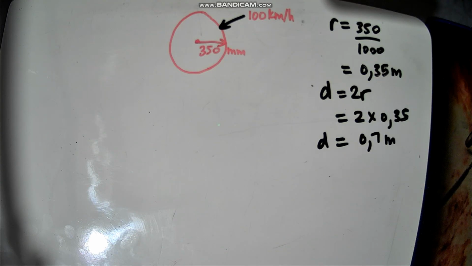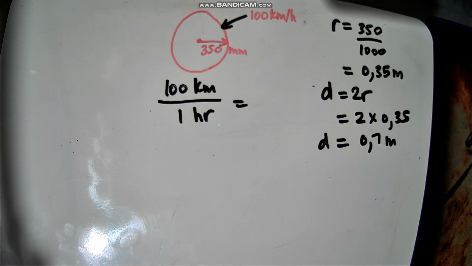Now we're going to take the 100 kilometers per hour and convert it to meters per second. 100 kilometers per hour means exactly that: 100 kilometers divided by 1 hour. We're going to change that into meters per second. So ask yourself, how many meters are there in a kilometer? Multiplying by 1,000, we get 100,000 meters. And how many seconds are there in 1 hour? 3,600 seconds.